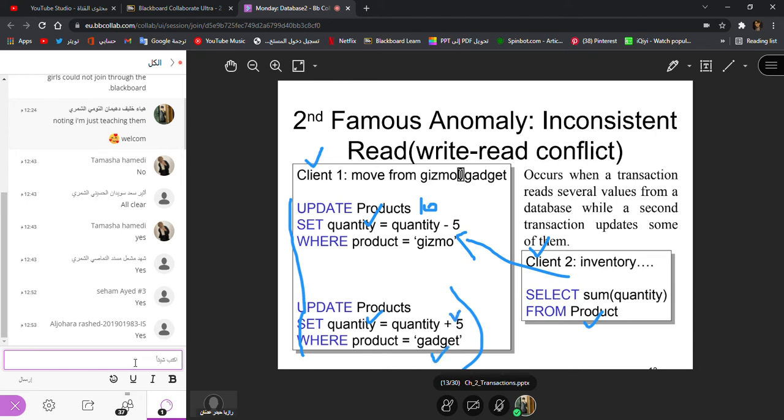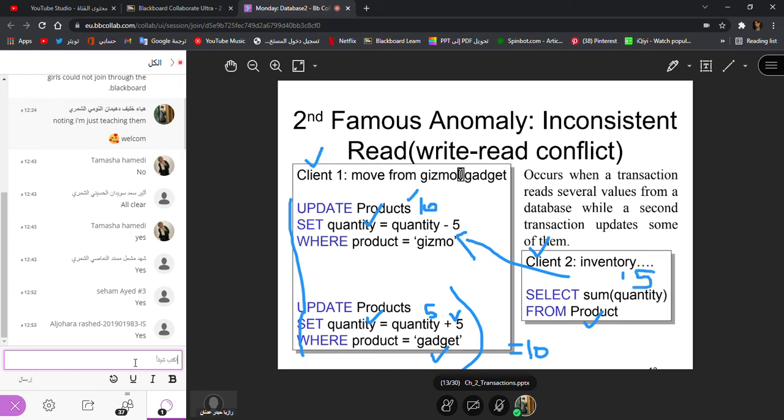So if 10 minus 5, it will be 5, and 5 plus 5 is 10. This sum will be wrong, because it is taking this still as 5, and this is 10, so it will tell you 15, right?